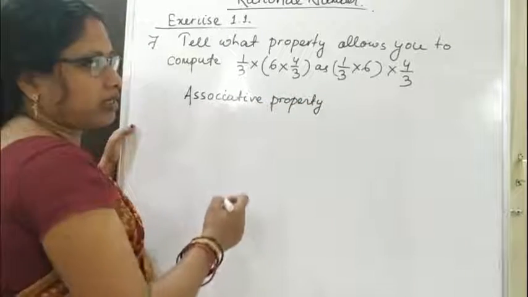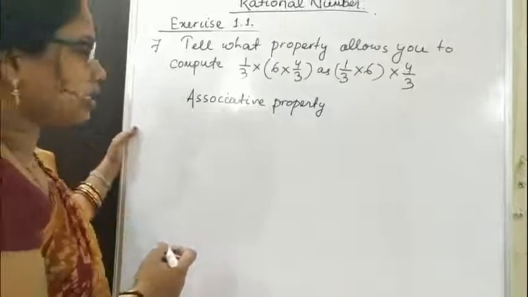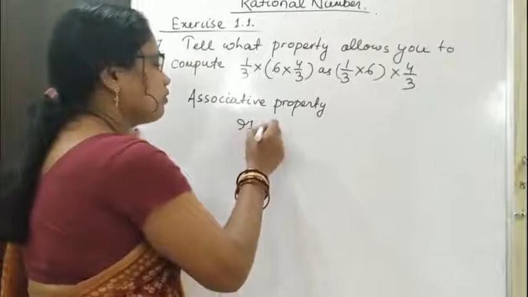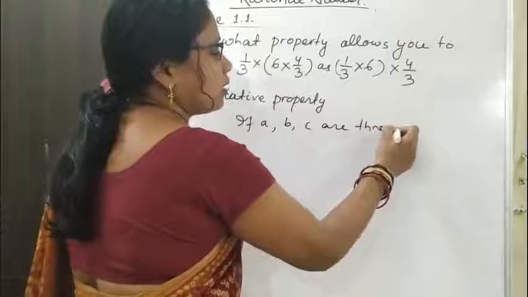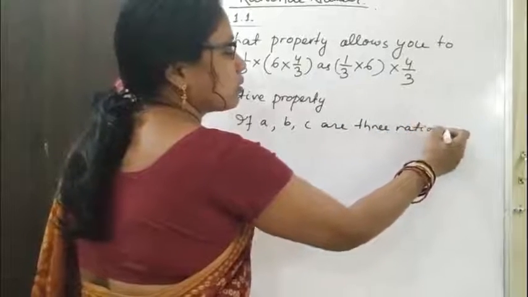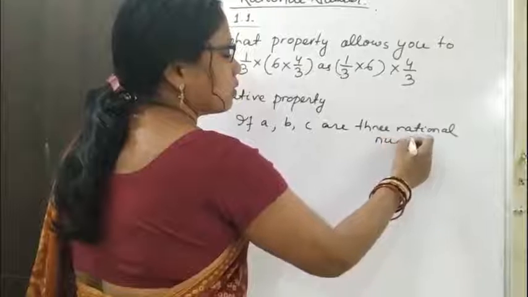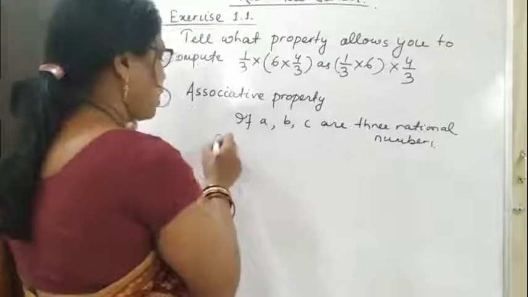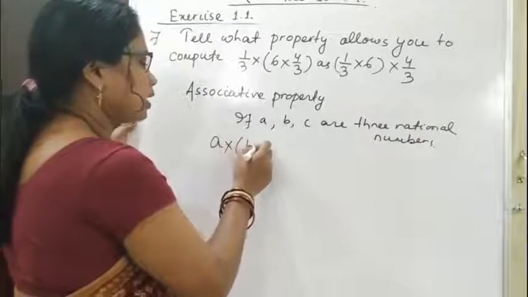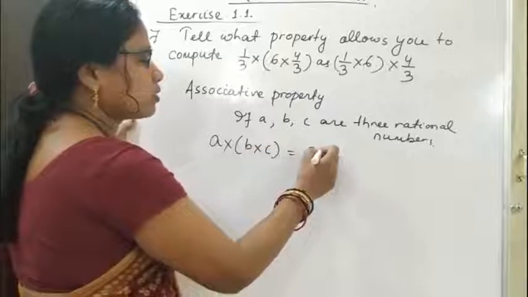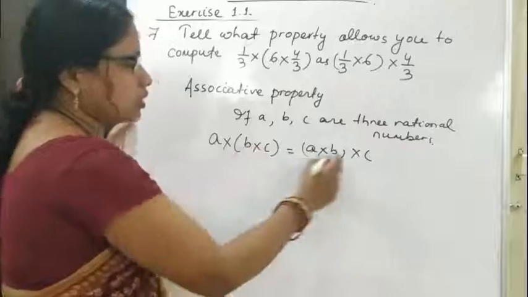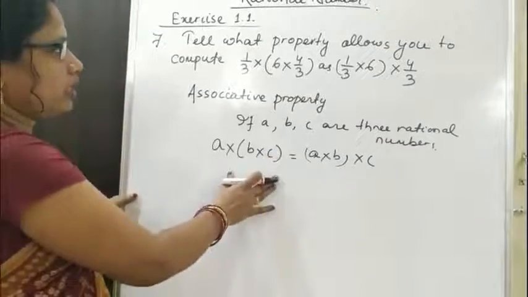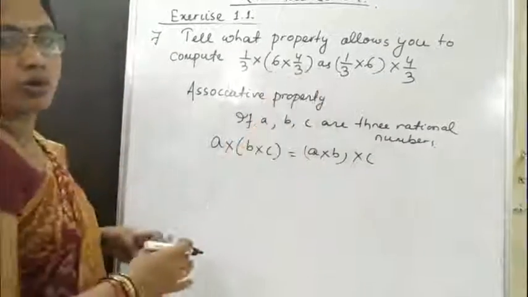As we know that if A, B and C are three rational numbers, then A into (B into C) is equal to (A into B) into C. So this is the associative property. So this property, we will use to compute this.